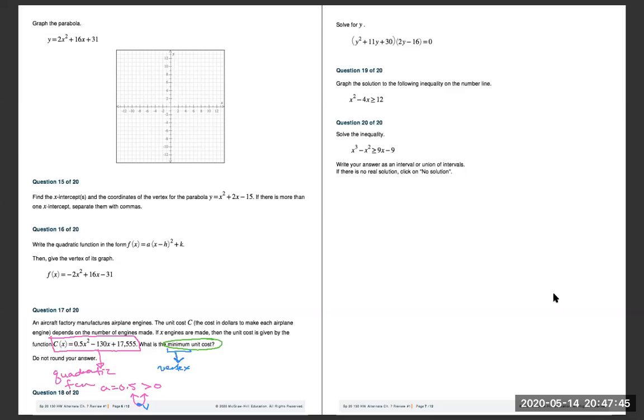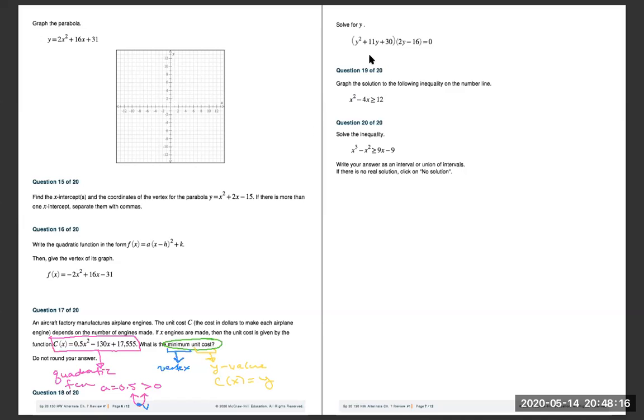Okay, so now minimum cost. Let's put this in a different color. Let's try yellow. So unit cost, that's a y value. And I know that because C of x, whatever its value is, it's going to be the same as y. And C is cost.